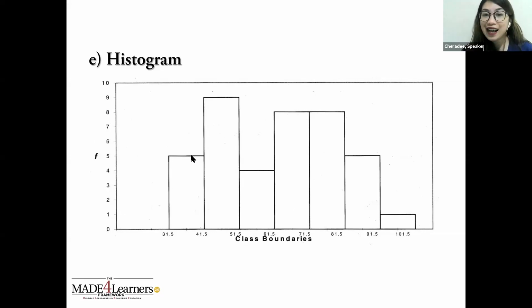Because the x-axis values are related to each other. They are not mutually exclusive, meaning they can happen at the same time. They are a certain range in a certain measure. Okay, so that is the histogram. No gaps because the values in the x-axis are related to each other, or we also call this continuous data. Okay, so that's the histogram.